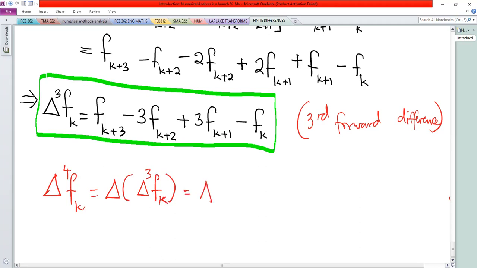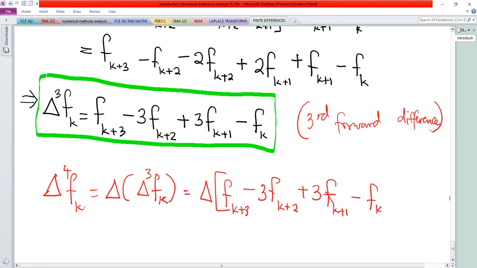So we should have forward of fk plus 3 minus 3 fk plus 2 plus 3 fk plus 1 minus fk.